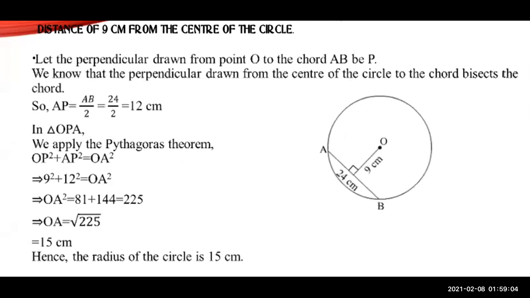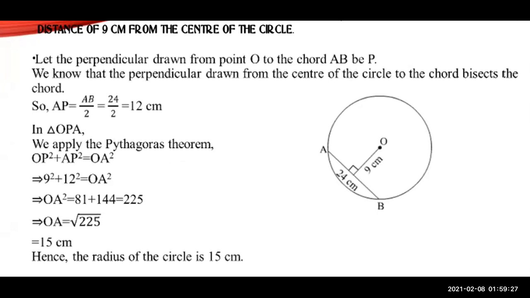Now the first statement will be: let the perpendicular drawn from O to the chord AB be P. We have to write the name on that chord, that is OP. Now OP becomes our perpendicular line and our chord is AB.